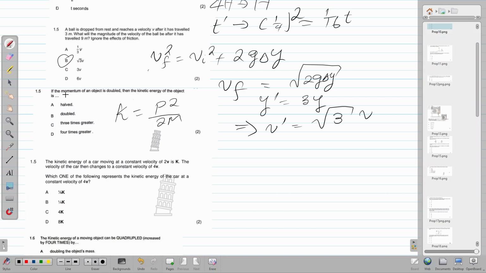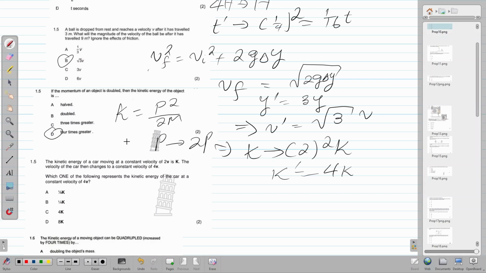So if you double the momentum, then your kinetic energy is going to be 2 squared times the original kinetic energy. It's proportional to the square, so k prime is 4k. So the answer is D.